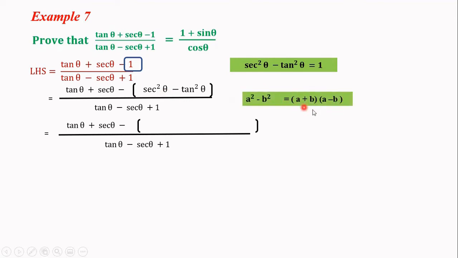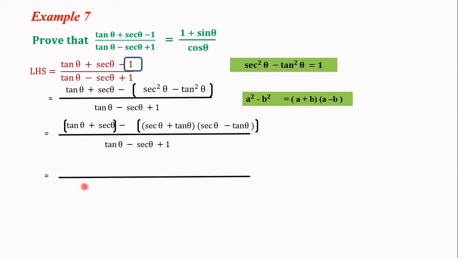So we are going to write part of this formula, a plus b, a minus b. So we have here sec theta plus tan theta, sec theta minus tan theta. And these two terms we enclosed by a small bracket here so that it can be expressed as a single term.